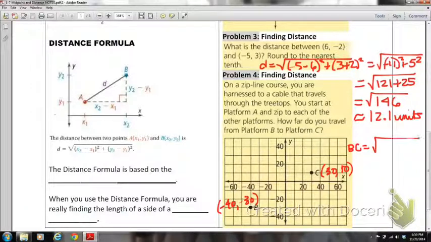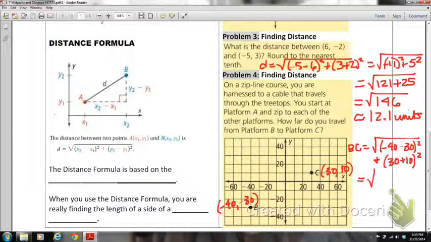That's going to be the square root of the difference between your x values, -40 minus 30, parentheses squared, plus the difference between your y coordinates, which is 30 plus 10, parentheses squared.